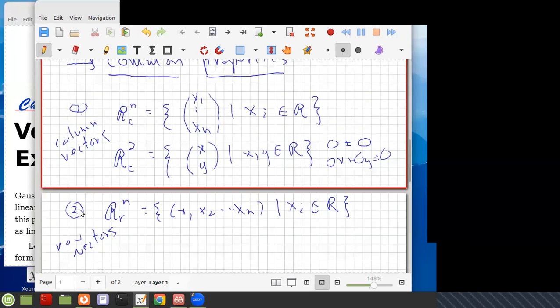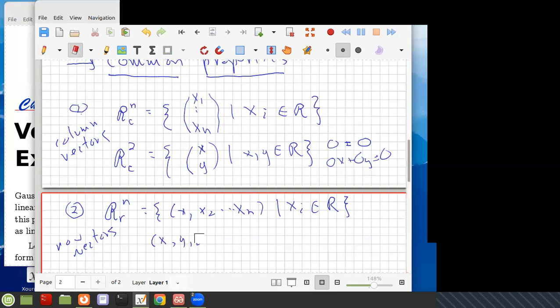Also, we're going to work with column vectors because row vectors look a lot like coordinate tuples. Like if I write here X, Y, let's just do 2 dimensions, you're used to thinking of that as just the coordinates of a point in a plane. Well, that's not very good coordinate axes.